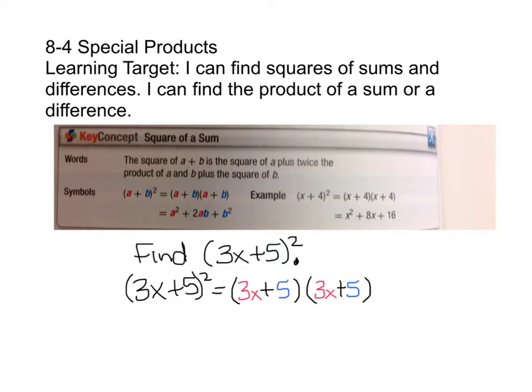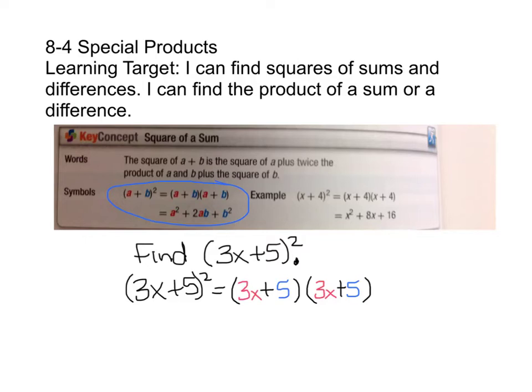The square of a plus b is the square of a, plus twice the product of a and b, plus the square of b. Now look there in the colored part, right here. I'm going to use that as a guide to show you how to do this.